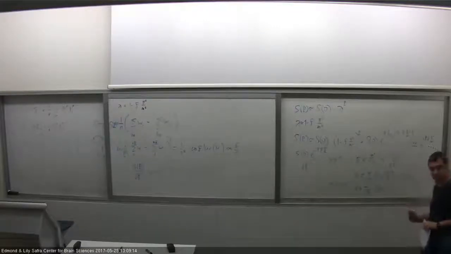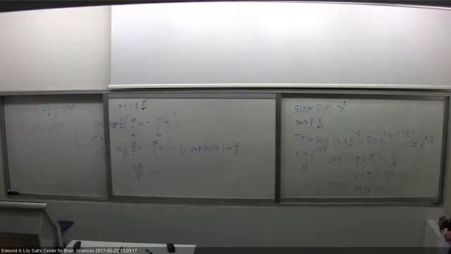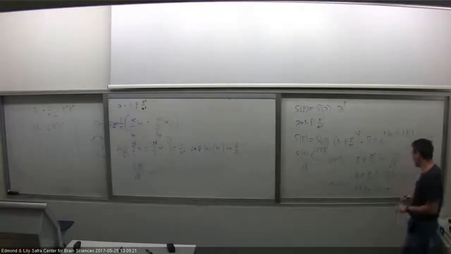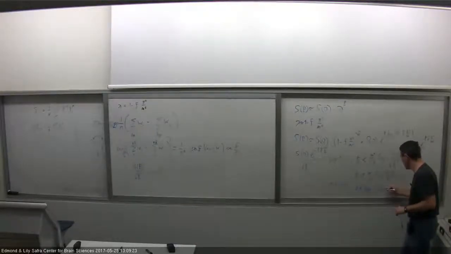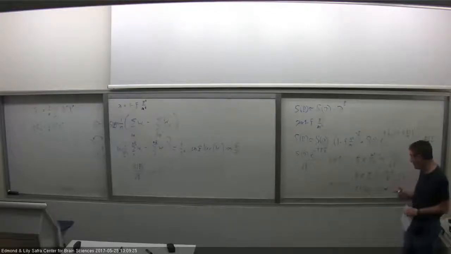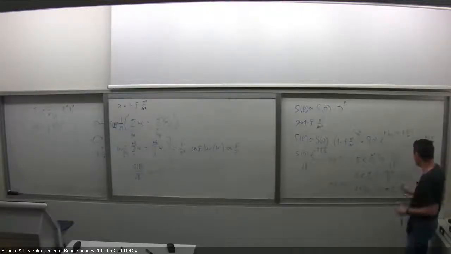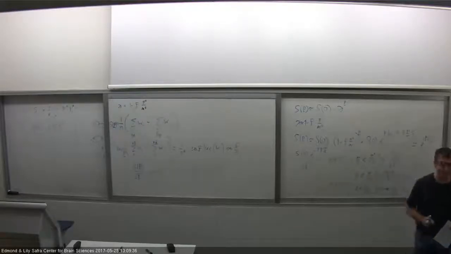What is n? Small n is the number of synapses. In a fully connected network, n is equal to N squared, number of neurons squared, which will give m squared over pi squared f times log N, where N is the number of neurons in the network, large N.